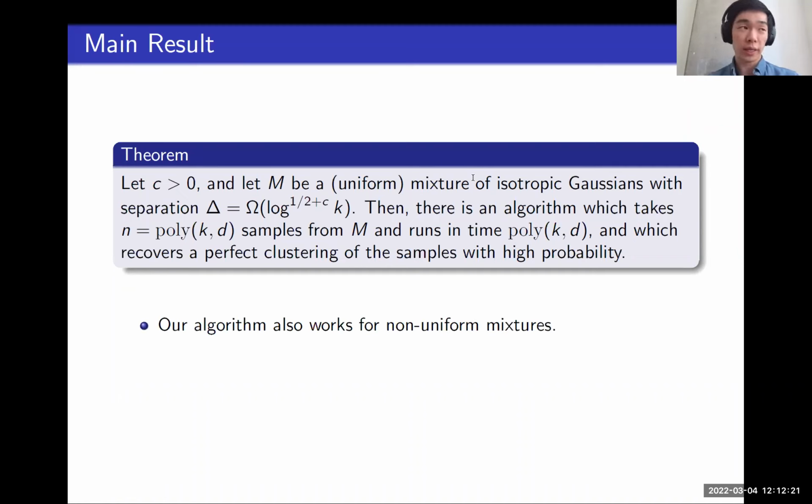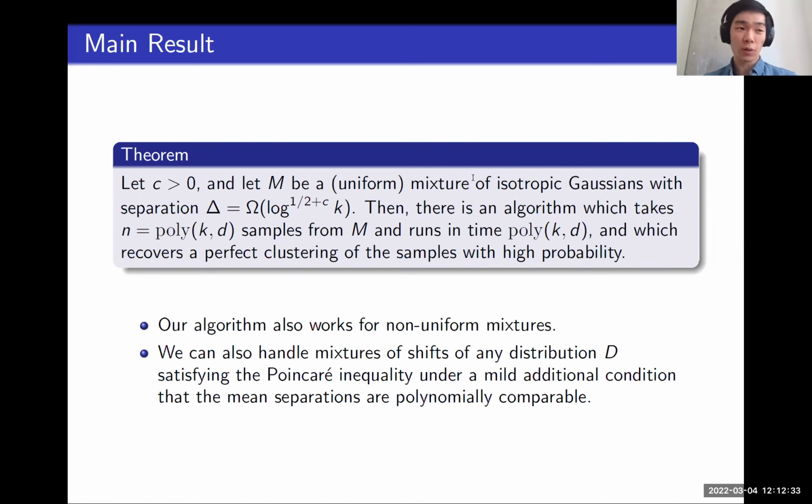First, it's stated for uniform mixtures because the statement is cleaner, but it also works naturally for non-uniform mixtures using essentially the same method. We're also able to generalize our algorithm so that instead of Gaussians, we consider shifts of any Poincare distribution D. For arbitrary Poincare distributions, we do need an additional mild condition that the mean separations are polynomially comparable, meaning that it's not the case that some separations are polylog and others are way, way bigger.